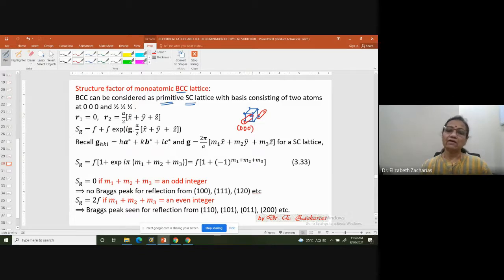And where is the other located? Body centered. Body centered means you come half along A, half along B, half along C. Then you go to the center of the cube. Therefore, you can say that the body center is actually half, half, half. This will be the coordinates.